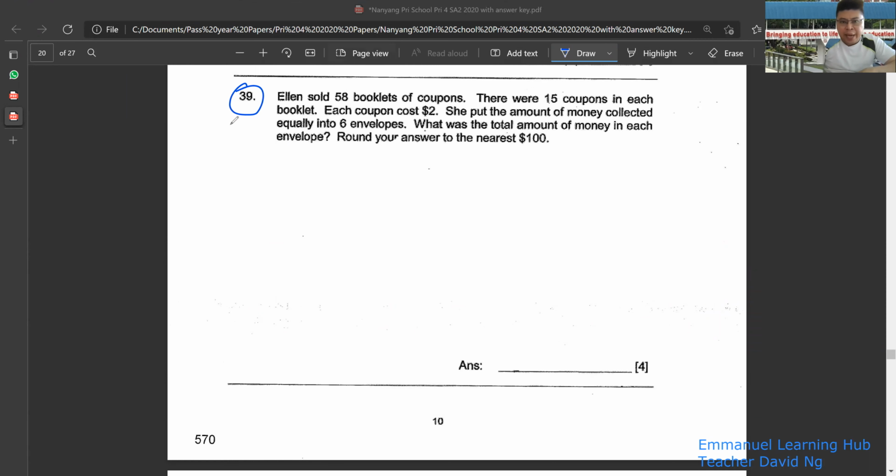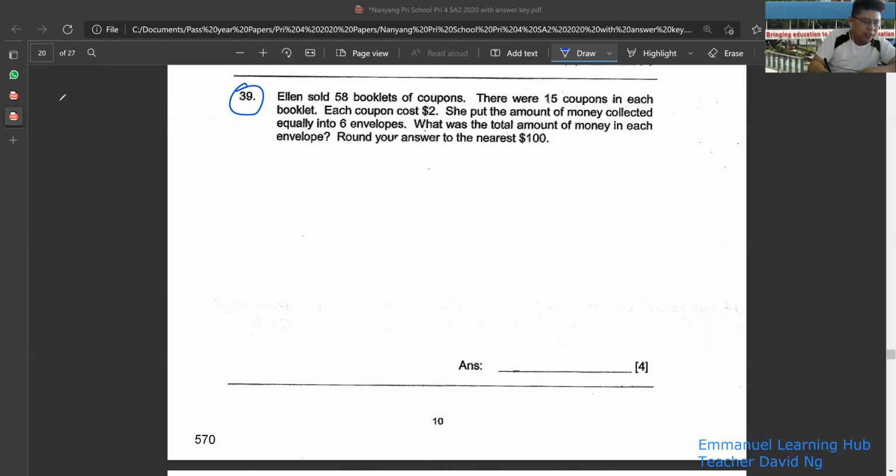Alan sold 58 booklets of coupons. There were 15 coupons in each booklet. Each coupon cost $2. She put the amount of money collected equally into 6 envelopes. What was the total amount of money in each envelope? So she sold 58 booklets of coupons. There were 15 coupons in each booklet, right?